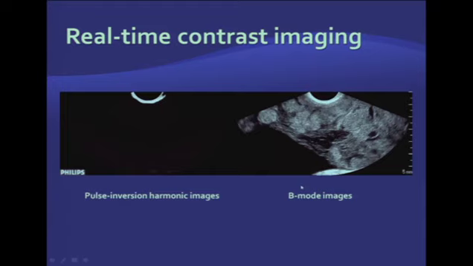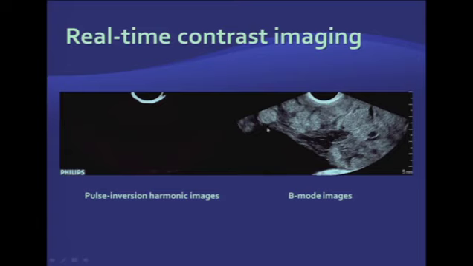Majority of the systems will perform, or at least allow you to perform, contrast enhanced ultrasound using some kind of split screen technique. On one side, you're going to see contrast mode image that, without injection of microbubbles, should be completely black. You're allowed to have a little bit of noise next to the face of the transducer, but you should not see much of the signal within the image itself.